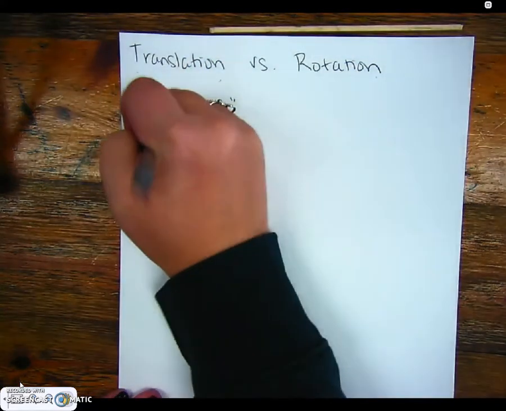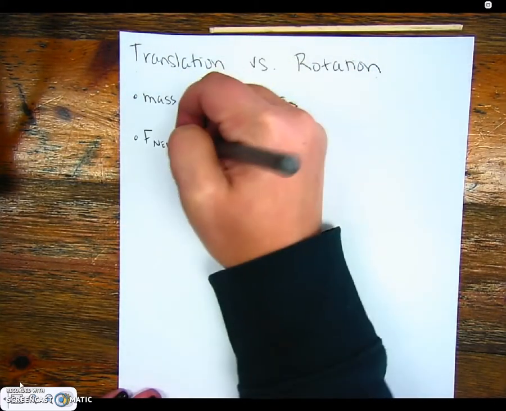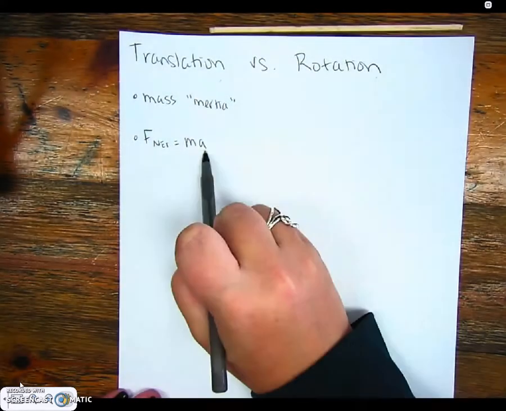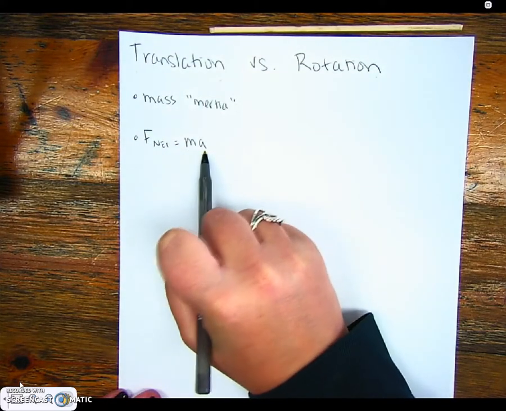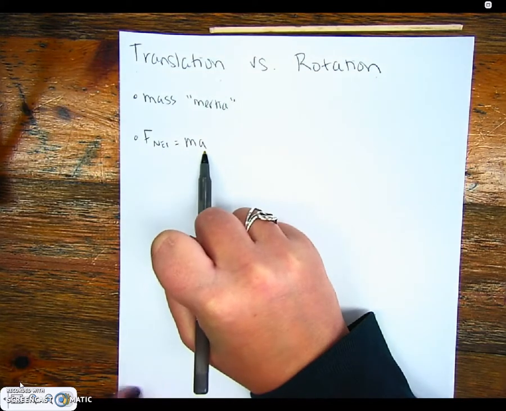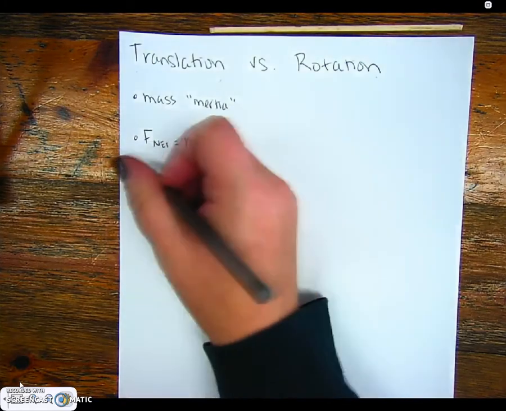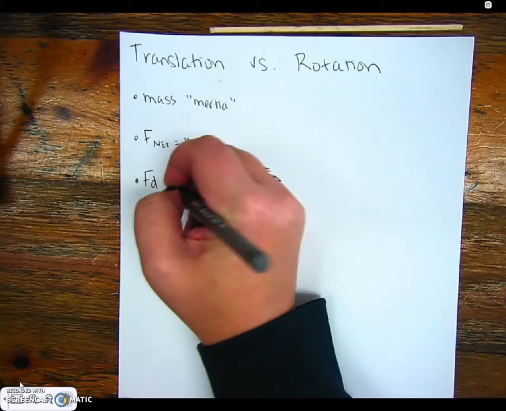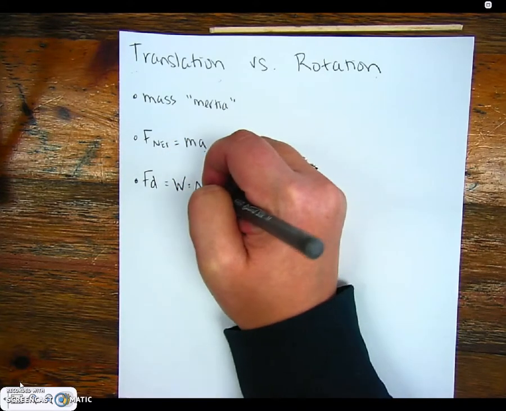But if I were to apply a net force to an object, it would cause that object to accelerate relative to its mass. So the force to mass ratio causes the acceleration. Then in the last unit, unit 5, we said, okay, if I apply a force and I move something a certain distance, that's called work, which is also called the change in energy.